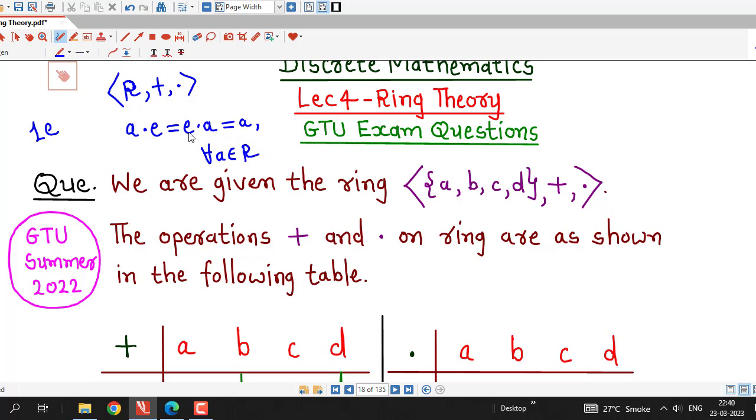If this property is satisfied for this unique element E, then this unique element E is called identity of ring or multiplicative identity of ring. And the notation for multiplicative identity is 1. So we can write in this way also. If 1 is the identity of the ring, then A into 1 equal to 1 into A equal to A for all the elements of the ring.